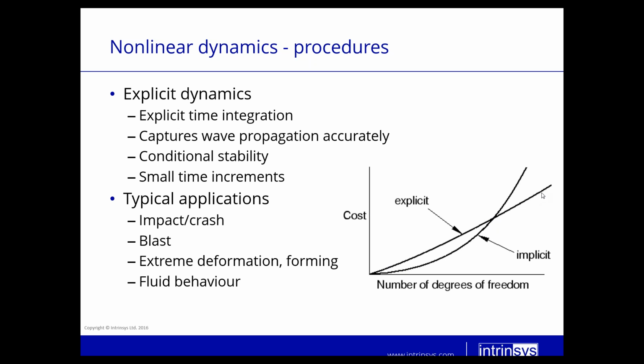So for very large problems, explicit is usually the choice. So in terms of typical applications, we'd use explicit analysis for impact or crash type analysis, blast, extreme deformation or forming, and also we can use it to model fluid behavior.